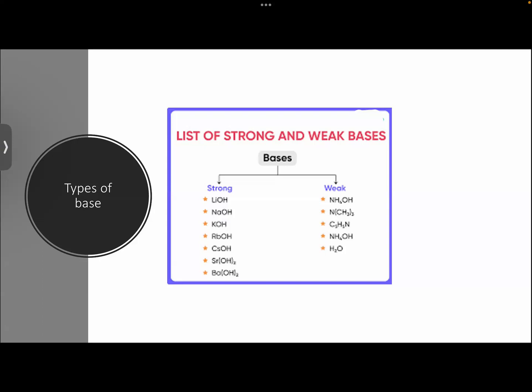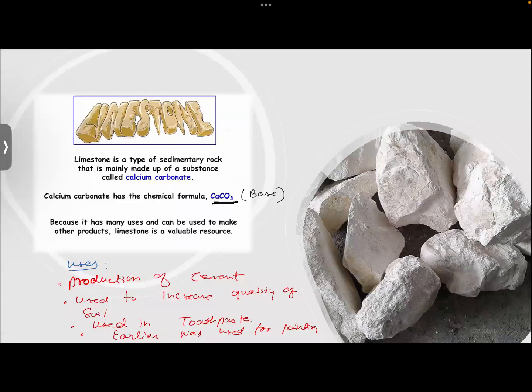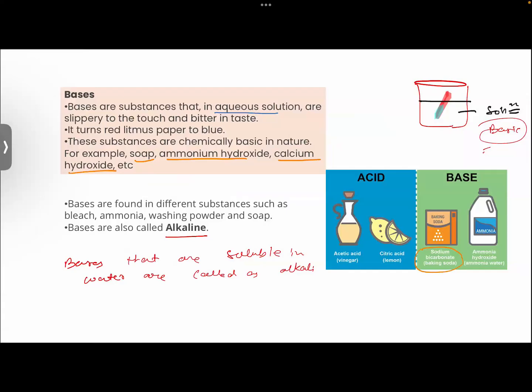So talking about bases, so far we learned about their taste, that it is bitter, and their touch. The aqueous solution of the bases will be soapy in touch. Also, how do we test whether it is a base or not?